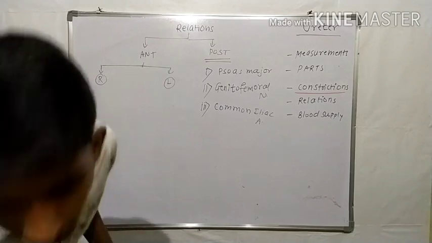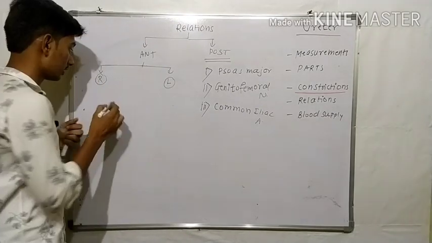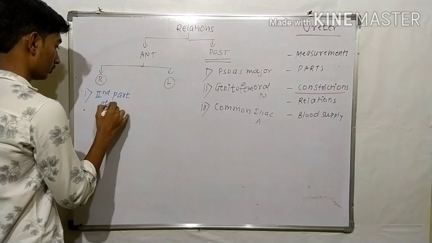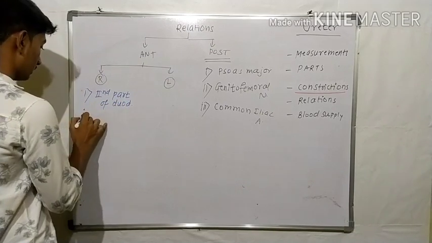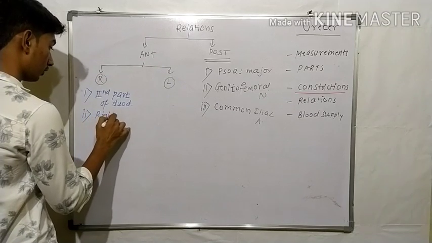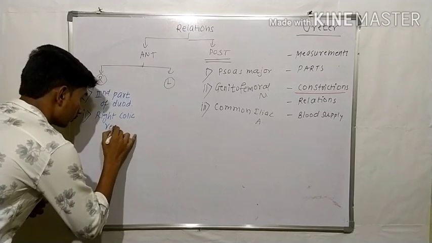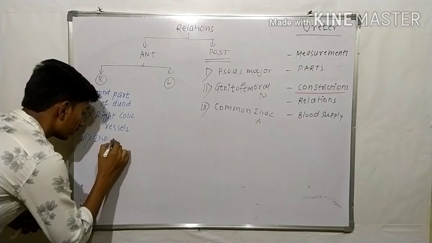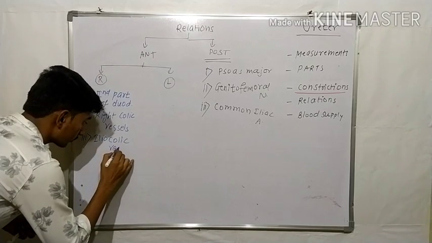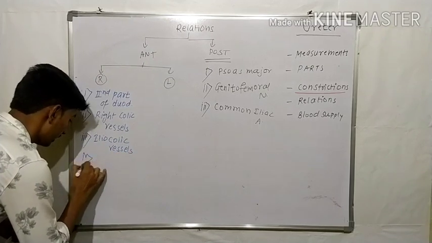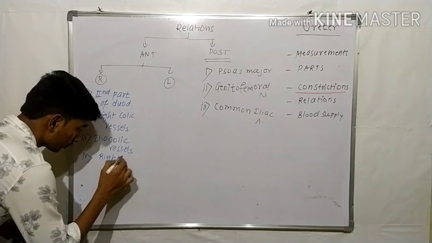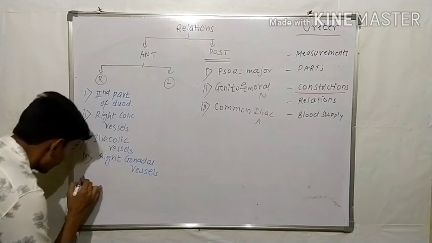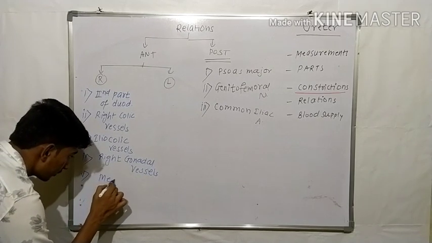The anterior relations of right ureter are: first, second part of duodenum, then right colic vessels, then ileocolic vessels, then right gonadal vessels, and fifth is mesentery.